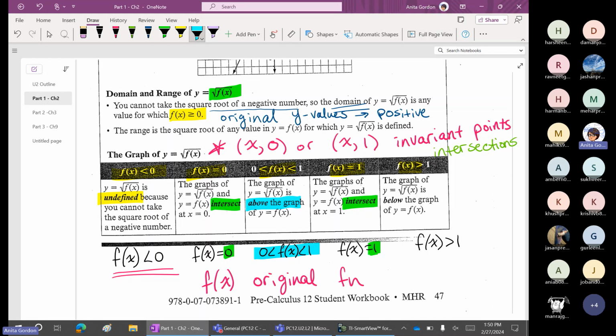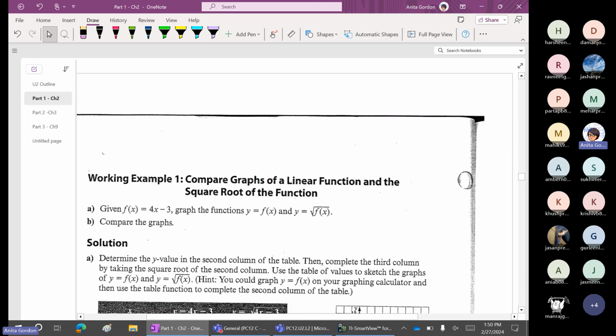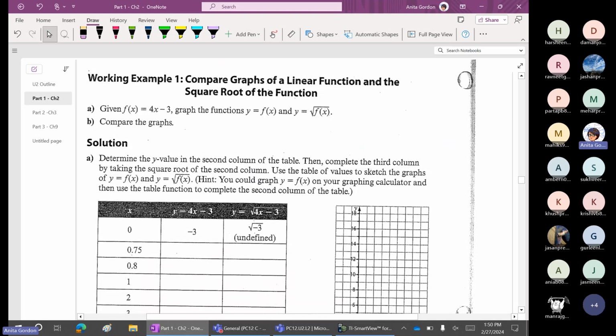However, once we cross the boundary of 1, the original y values are bigger than 1, that is when we're going to see the square root function cross over, and now it's going to be below the original function. So between the intersections, the square root function is higher. After all the intersections, the square root function is lower. So let's take a visual example of what that is on our next page.